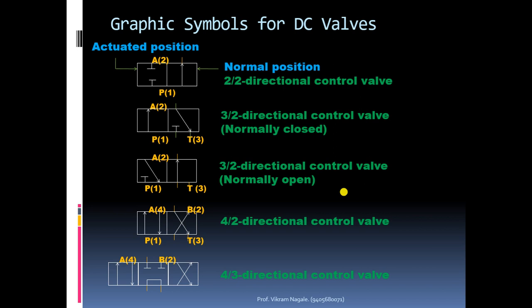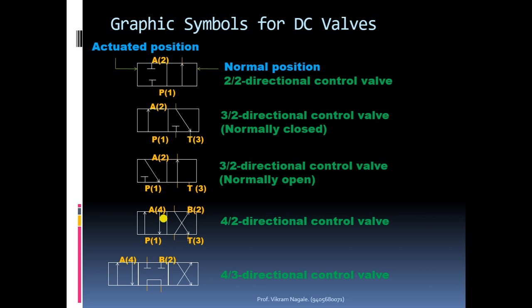Here you can see the graphical representation for the symbols of the directional control valves. A number of valves are drawn here, but it's difficult to draw these different varieties. It takes too much time, so I have drawn it on paper.